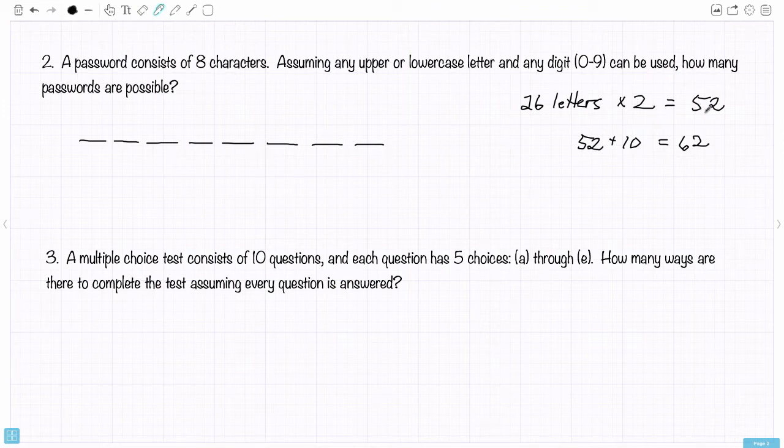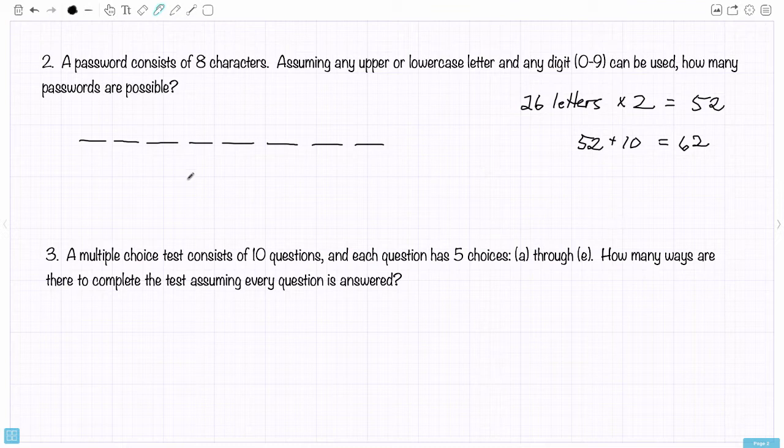So 26 times 2, that's 52 actual letter characters. 52 letters plus 10 digits makes 62 characters total. So I have 62 possibilities in each one of these decisions. 62 possibilities for what the first character would be, 62 for the second, and so on. I would write this as 62 to the power 8 and use a calculator.